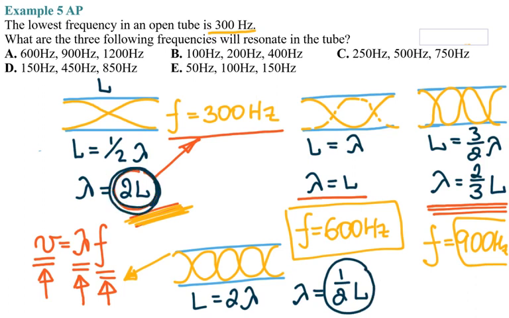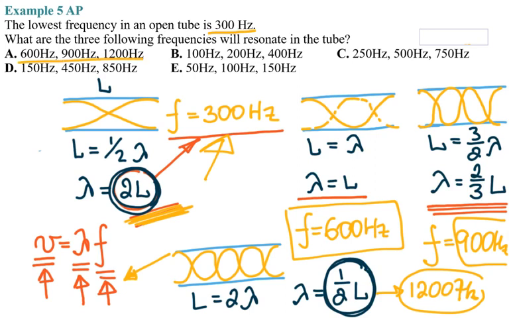Original was 2L, now it's only 1/4 of it. That means your frequency has to be 4 times as big, and 4 times as big as the original gives you 1200 hertz. So you see that the answer is A.